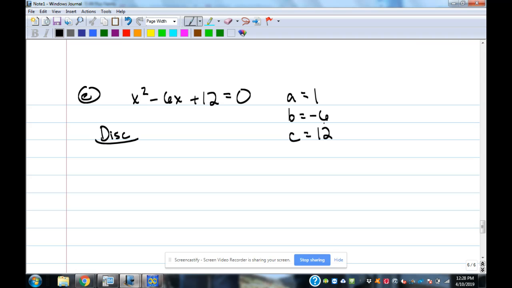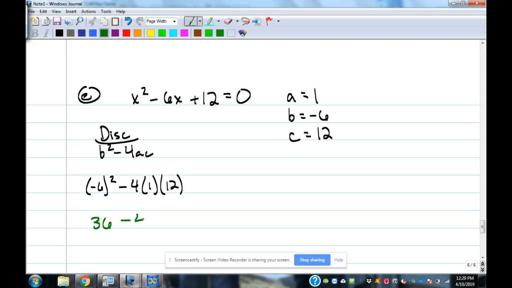Okay? So b squared minus 4ac. So -6 squared minus 4 times 1 times 12. What's -6 squared? Positive 36. Squaring is -6 times -6. And then -4 times 1 is -4, times 12 is 48.